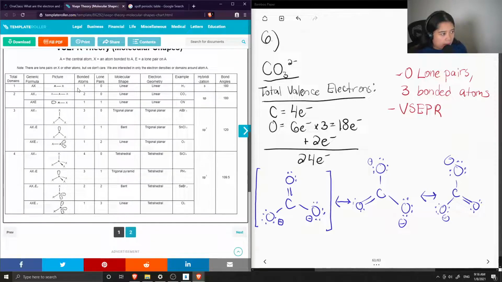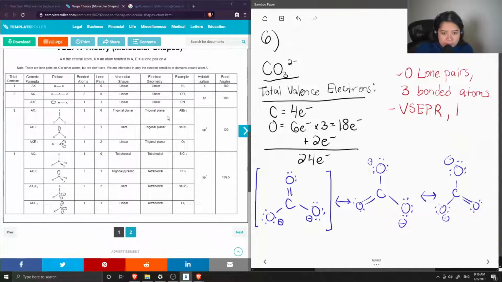In our case, we have 3 bonded atoms and 0 lone pairs. So our molecular shape and our electron geometry are both trigonal planar. The carbon is sp2 hybridized, and the bond angles are 120 degrees.